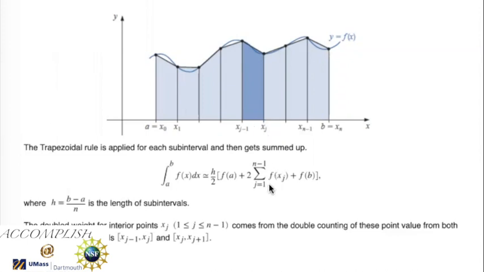That's why for all the interior points, you will have double counts. But for a and b, they're only counted once because they only form one trapezoid. And h here is the length of each sub-interval, again b minus a over n. So this is the formula for the composite trapezoid rule.